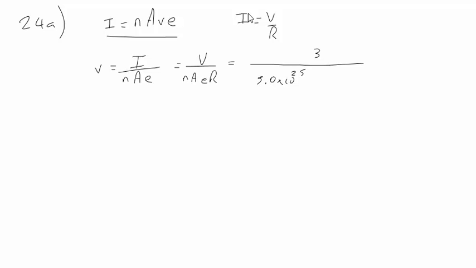The cross-sectional area, 3.8 times 10 to the minus 6 square meters. The charge on the electron, 1.60 times 10 to the minus 19 coulombs. And the resistance is 100 ohms. This gives a drift velocity of 9.9 times 10 to the minus 4 meters per second.